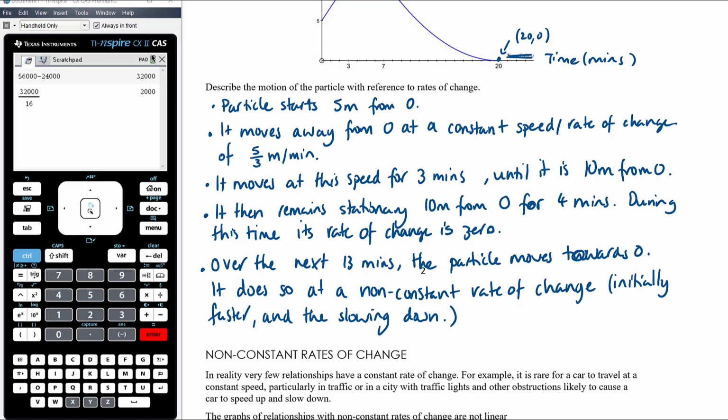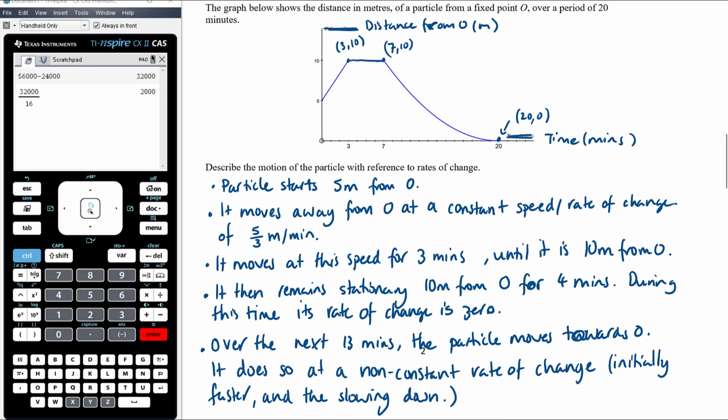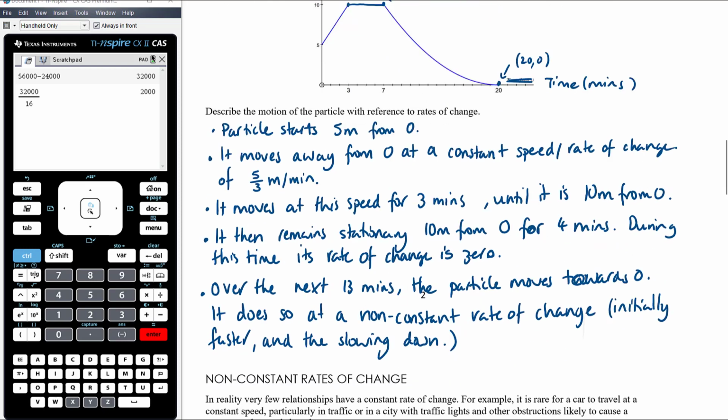Okay, so getting that sense of how gradient changes, what that means in terms of the context, how that connects to rate of change, etc.